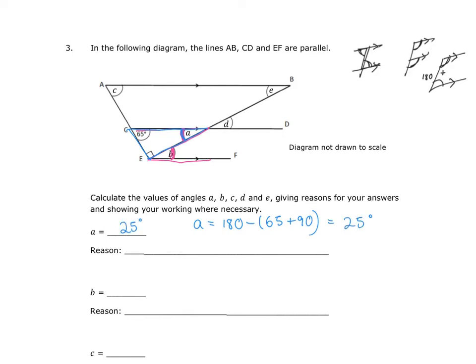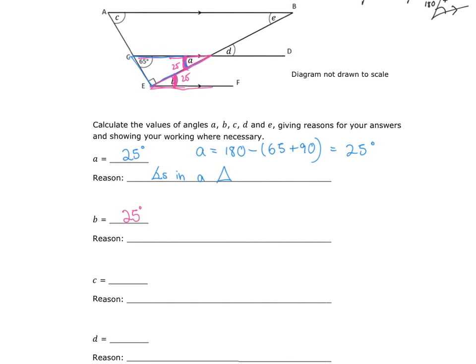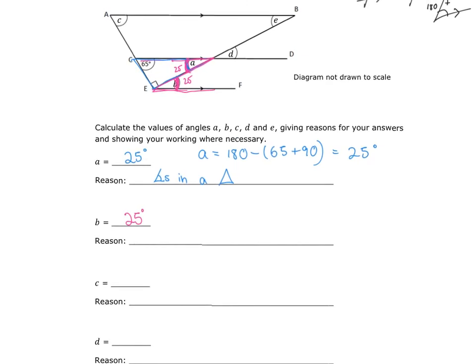Reason is angles in a triangle. And in short, this is correct. So angle B, as we said, we have a Z angle there, alternate angle. So A is equal to B, so both 25 degrees. You can write them down. And the reason is alternate angles.